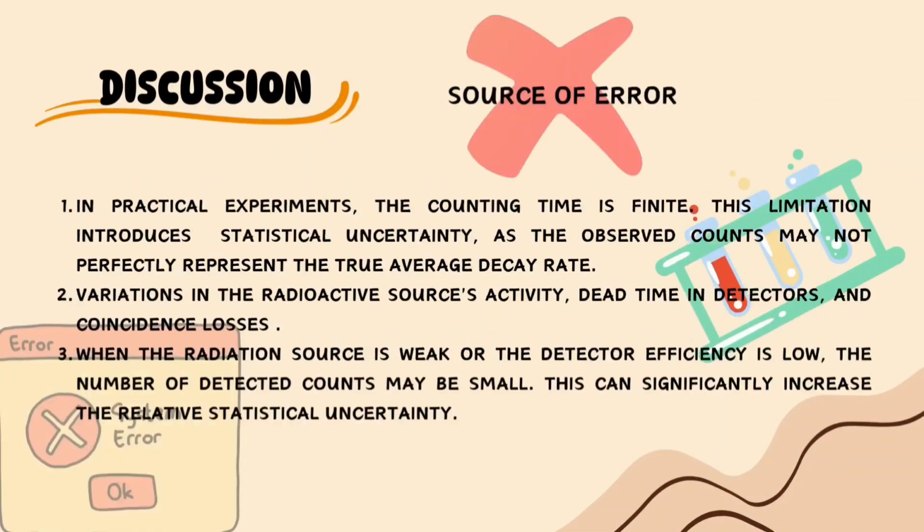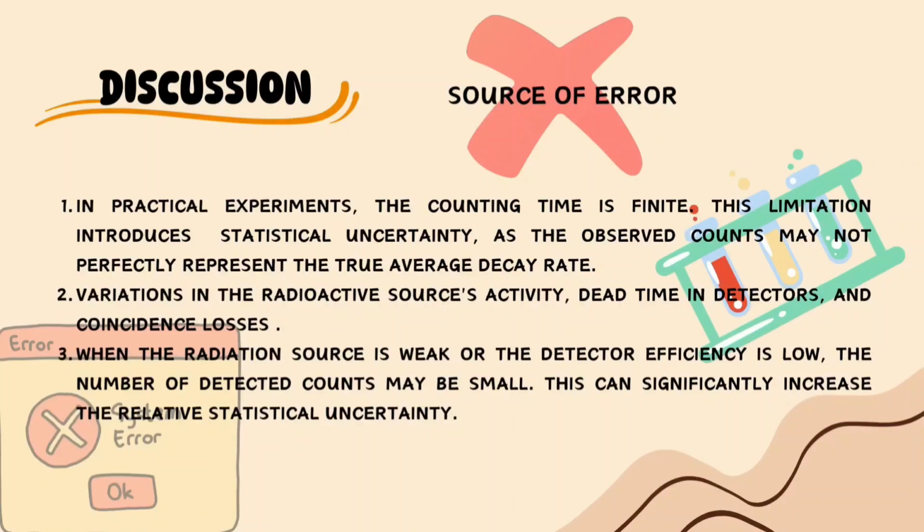The sources of error. First, in practical experiments, the counting time is finite. This limitation introduces statistical uncertainty as the observed counts may not perfectly represent the true average decay rate.